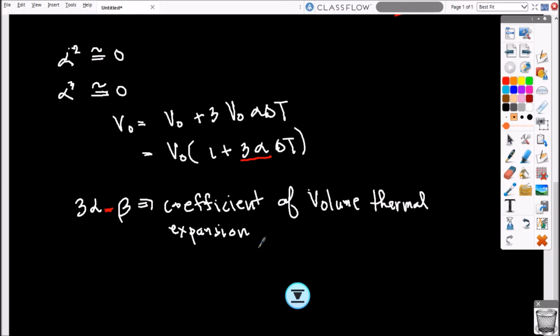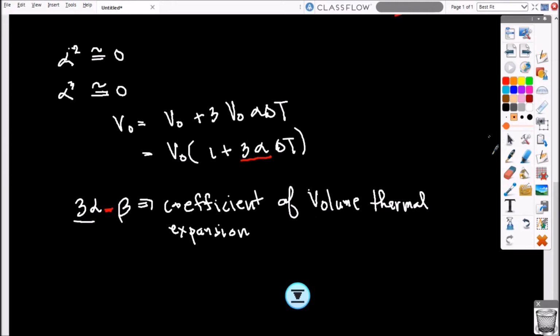All right. So again, we consider this expansion as isotropic expansion. So it means 3 alpha here, which is equal to beta, is only good if the expansion is isotropic, or the material that expands will expand in all directions. Okay, so that's 3 alpha equals beta.